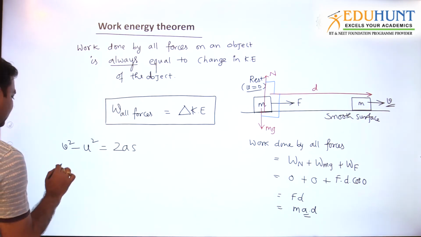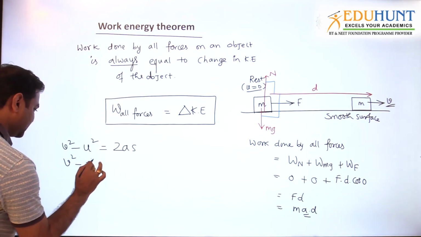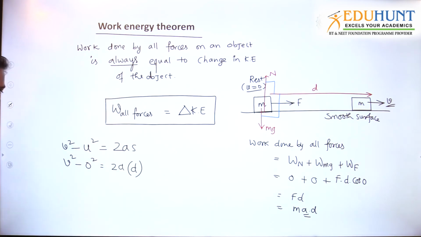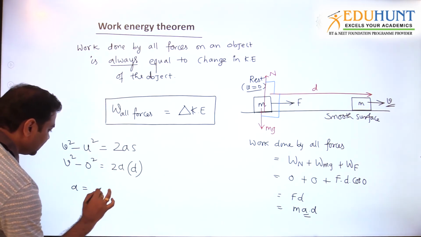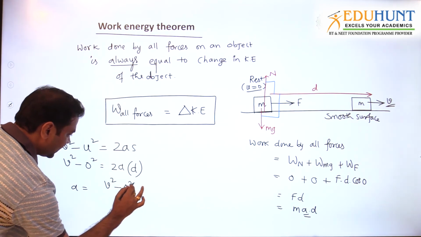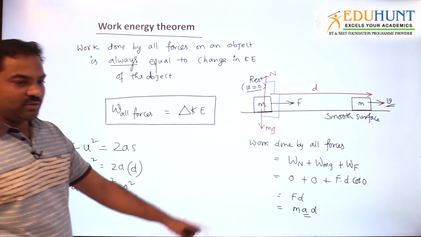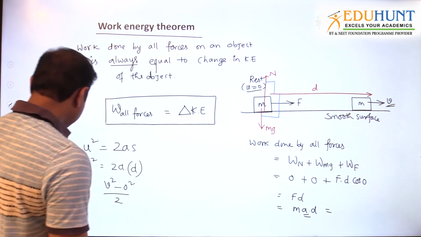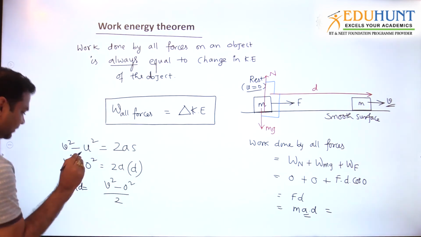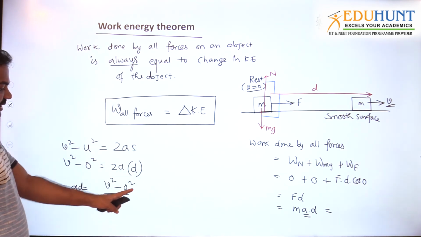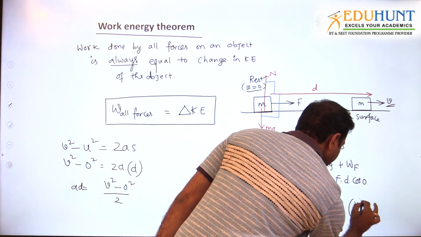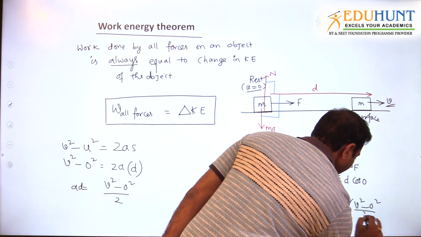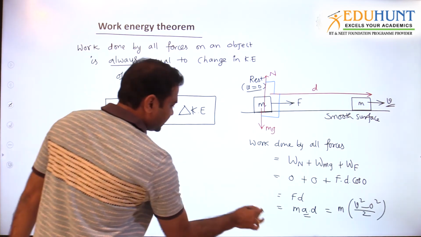Okay? What is the V value? V value is V only. What is the U value? 0. So V square minus 0 is equal to 2A into, what is the displacement I got? D. So A into D value is V square minus 0 square by 2. So if I am writing A into D value, M into V square minus 0 square by 2. Okay? So just I am modifying this.